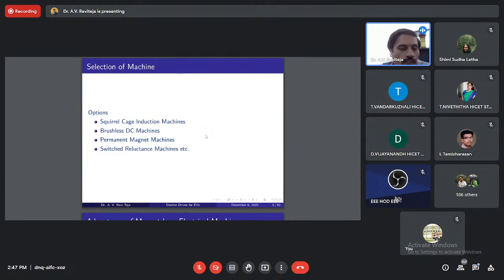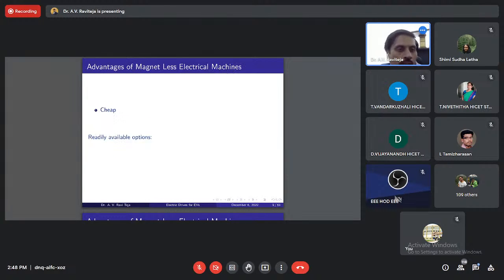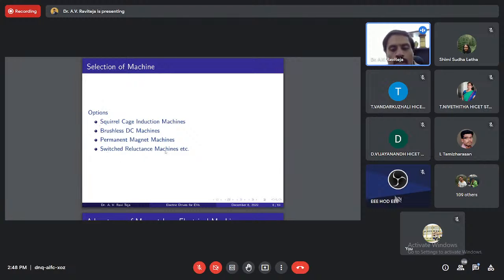So these are customized machines, but we should understand that available machines are very easy to commercialize, because manufacturers have been making them at different ratings, so you can buy and then put it in your EV. Whereas if you want to customize an electrical machine, then you have to manufacture the machine as well, right? So that becomes an additional effort. So we have an advantage if we go for magnetless electrical machines like squirrel cage or switched reluctance machine.